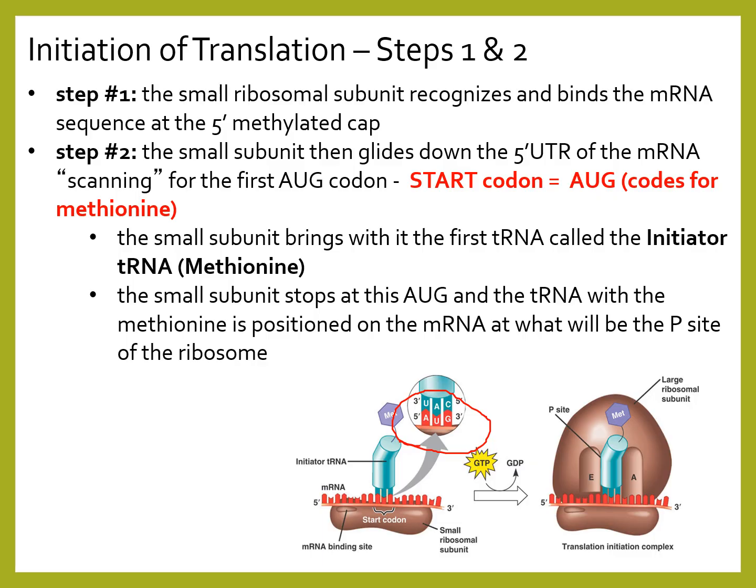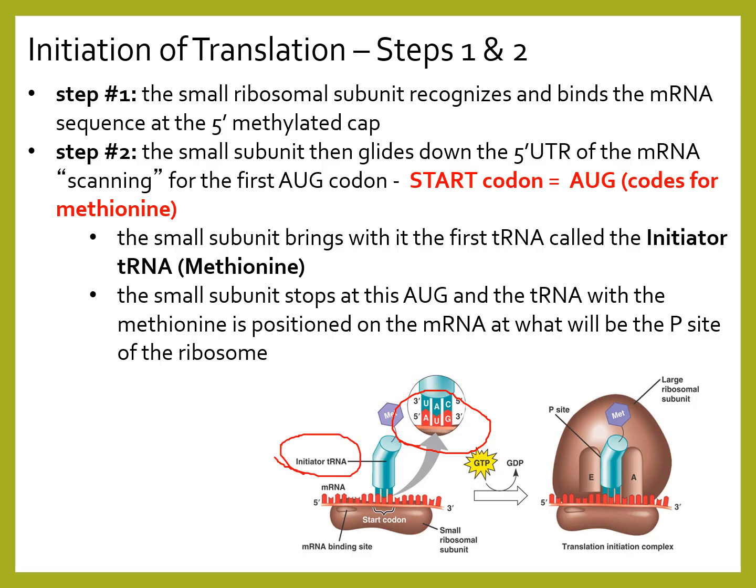As the small subunit is running through or gliding through the 5' UTR, looking for the first AUG, it is bringing with it the very first tRNA. This very first tRNA is called the initiator tRNA, and it is going to have the amino acid methionine at the other end. So this right here is our initiator tRNA.